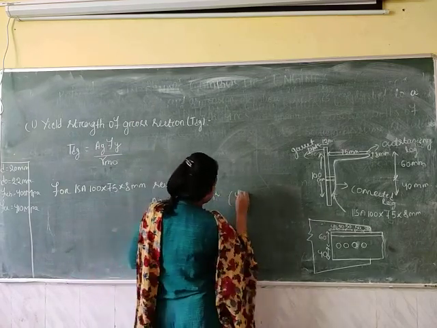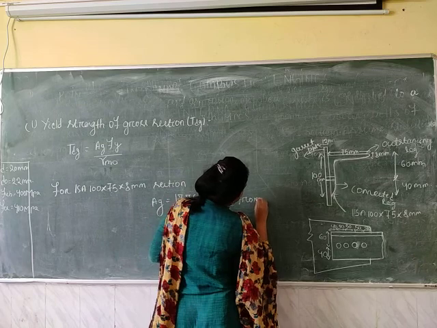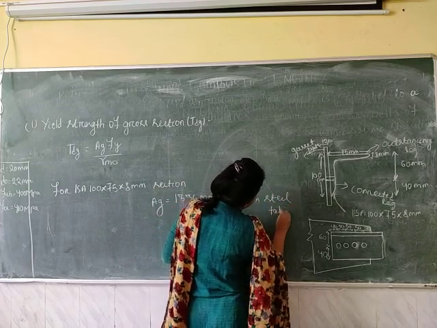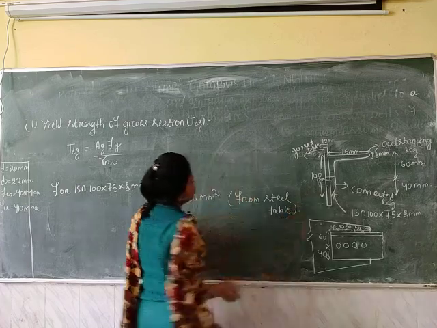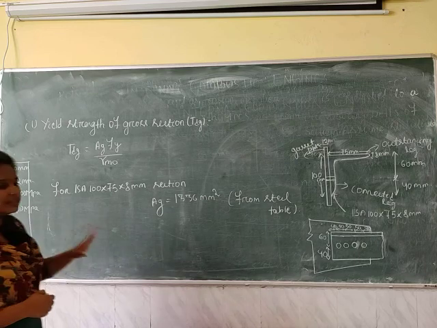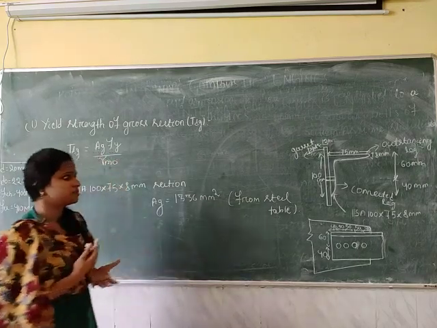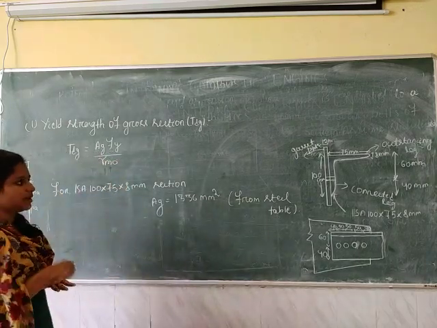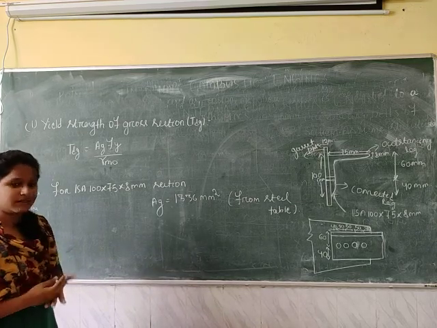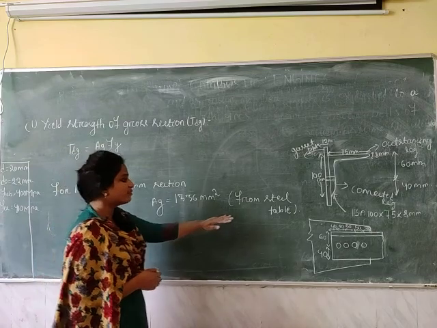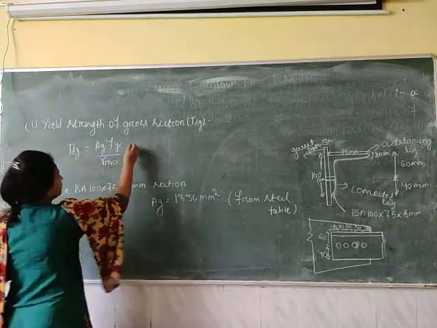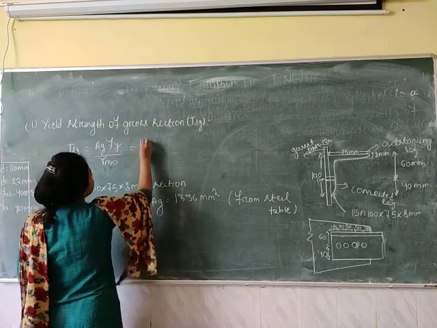You can get this from the steel table. All the properties of the rolled steel sections are given in the steel table: the gross cross-sectional area, the dimensions, radius of gyration, moment of inertia, and weight of the section. So the gross area is 1336 mm square.